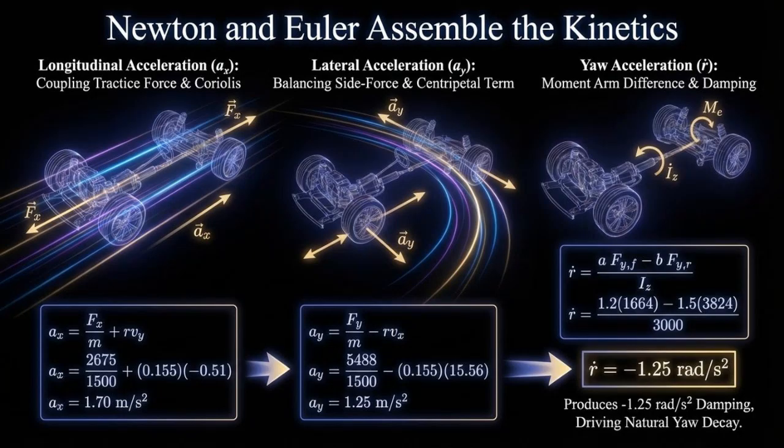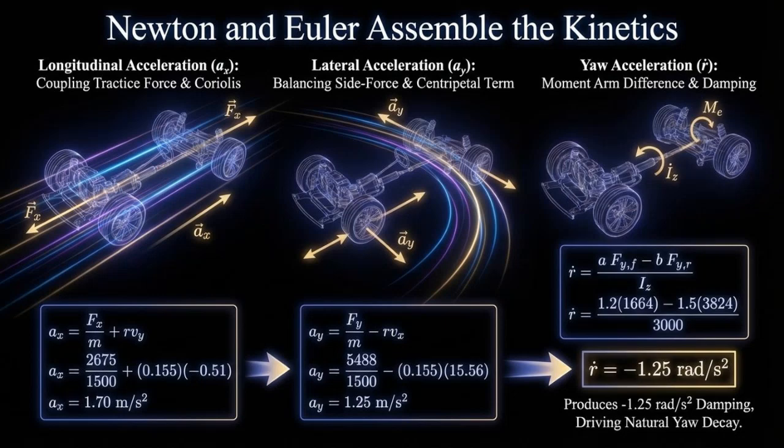Let us now look at the acceleration triad: longitudinal acceleration, lateral acceleration, and yaw acceleration. Using Newton's laws and Euler's equations, these accelerations are assembled. The longitudinal acceleration, ax, depends on the remaining tractive force, and it also includes a Coriolis effect caused by vehicle rotation.